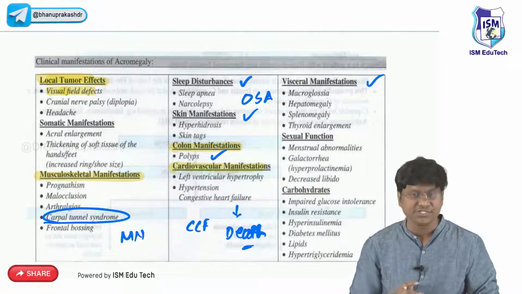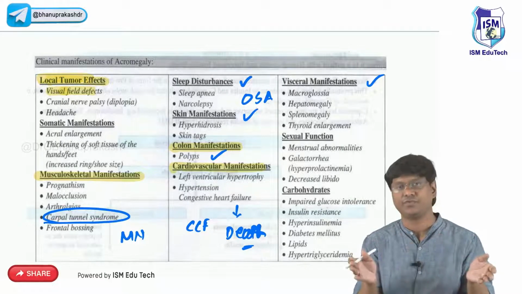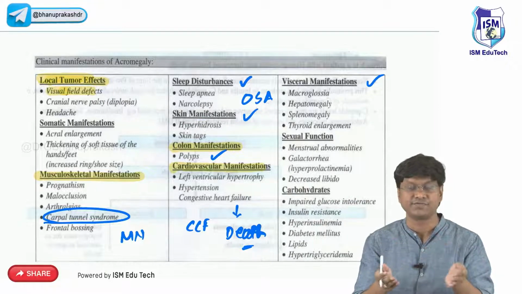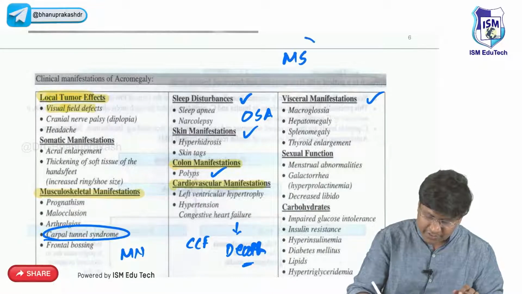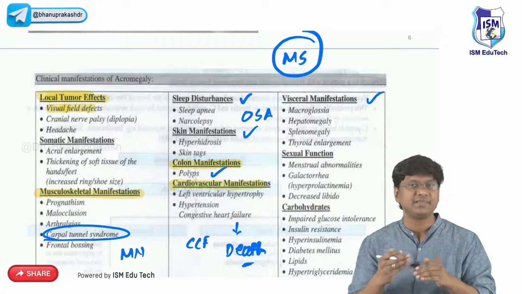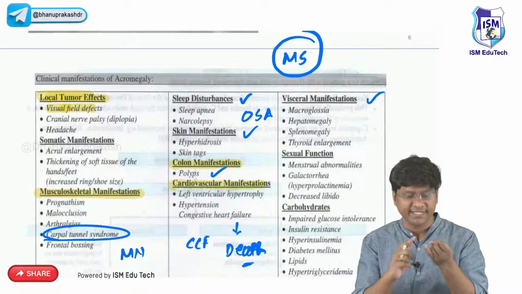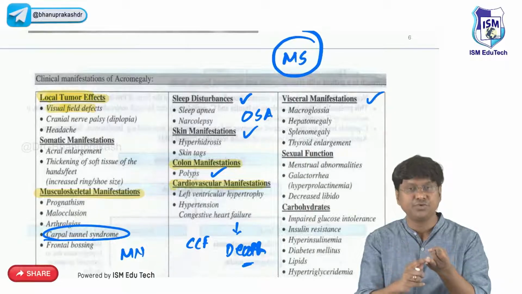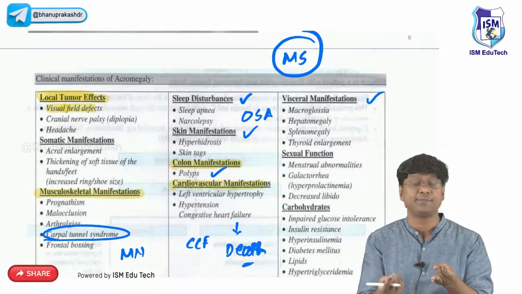Now the sexual functions, if you take, now the etiology, what did I tell you? Somatotroph type of pituitary adenoma. That means the tumor which is originating from somatotrophs. But in some patients, there can be mammosomatotroph type of pituitary adenoma. What do you understand by the word mammosomatotroph? That means the tumor containing somatotrophs which will be producing excess amount of growth hormone, and the tumor contains lactotrophs which will produce prolactin.